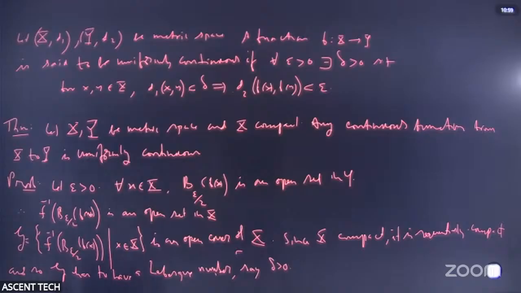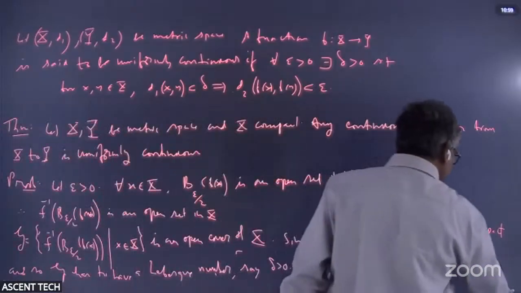Okay, it has a positive Lebesgue number. What do you mean by that? So therefore, for all x, y in X, the set containing x, y. Let me go to the next page. It's very simple.